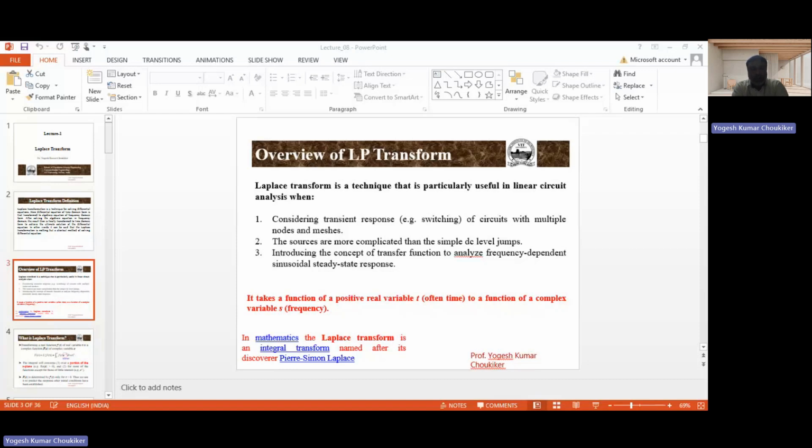If you closely look at the blue line, the u of t has two values, one is 0 and the second one is 1. When t is less than 0, the value of u of t is 0, and when t is greater than 0, the value is 1. So the function u of t has two values, 0 and 1.